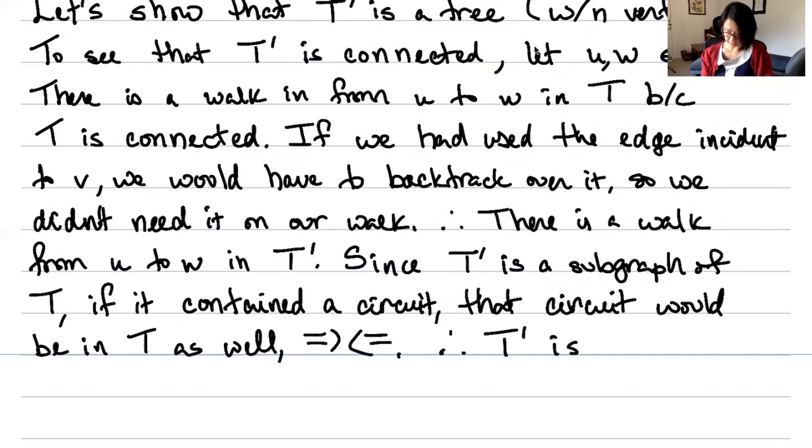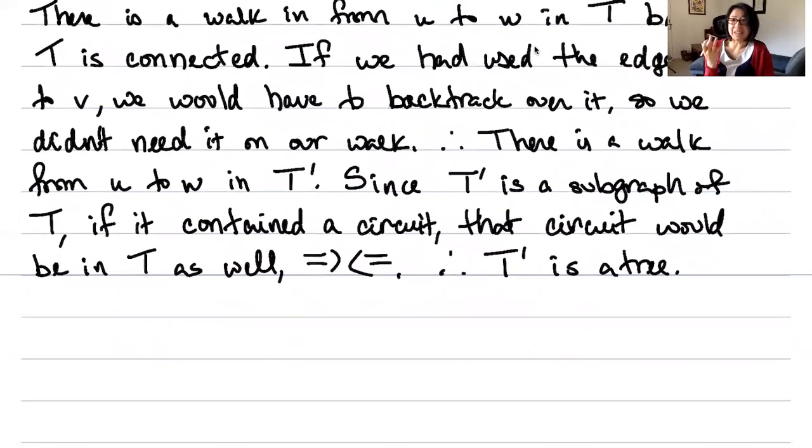Therefore, T prime is a tree, and it's a tree with only n vertices.